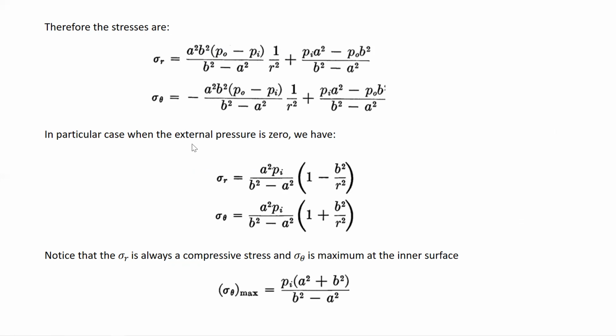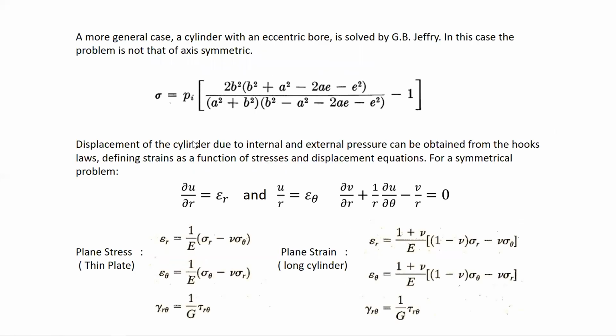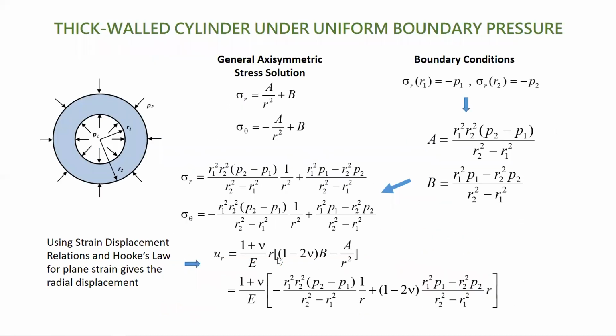As we have indicated, the maximum stress occurs on the inner surface. And that's another formulation that gives you the stress if the hole is not concentric. Then we move through these strain equations to calculate the displacement.